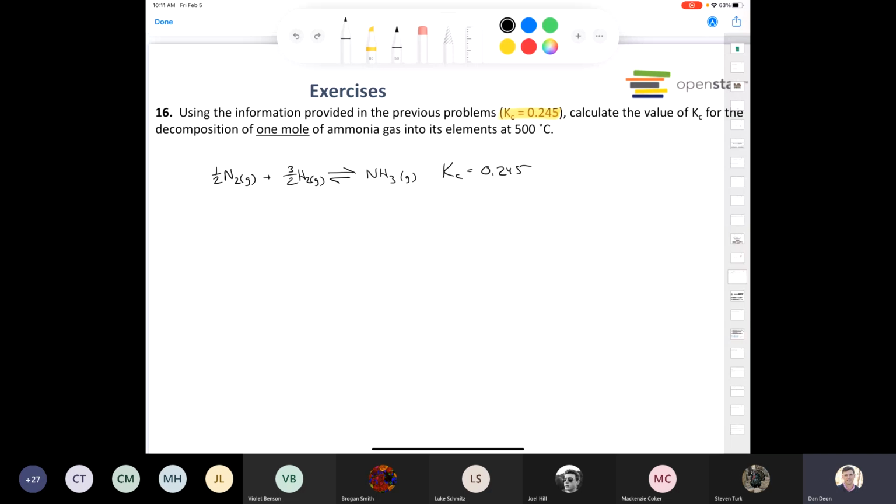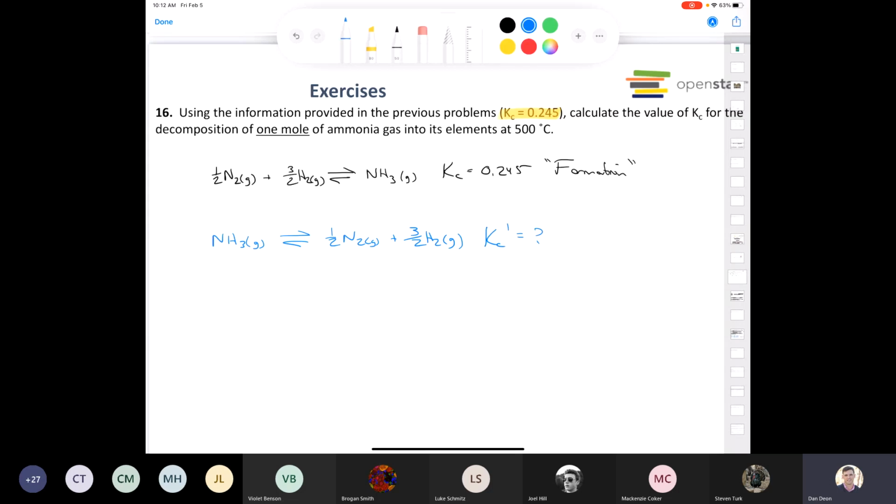Again, this is the formation of 1 mole of ammonia. So if we do decomposition, we're just going to reverse that reaction. It would look like ammonia decomposing into 1/2 a mole of N2 gas plus 3/2 moles of H2 gas. So what's our new Kc going to be?